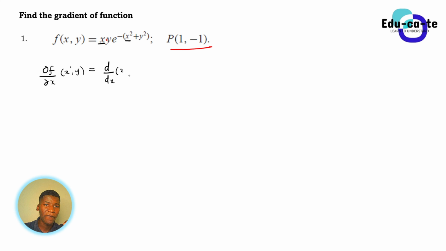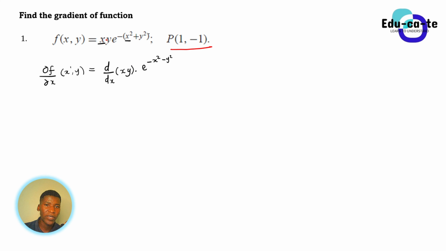You're going to find it of x, and of course this y we can just treat as a constant, so we can just say of xy. It's fine. You will keep e to the power of negative x squared minus y squared.